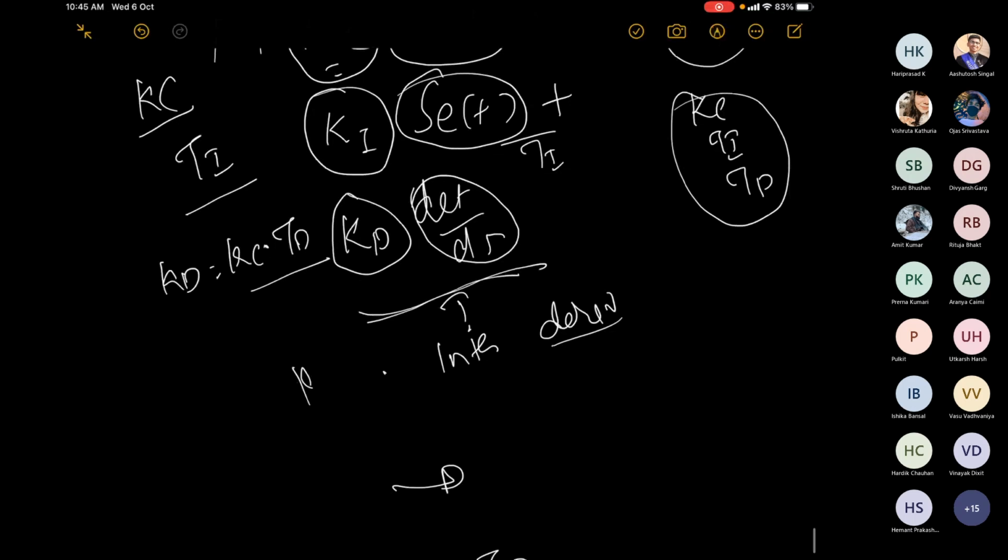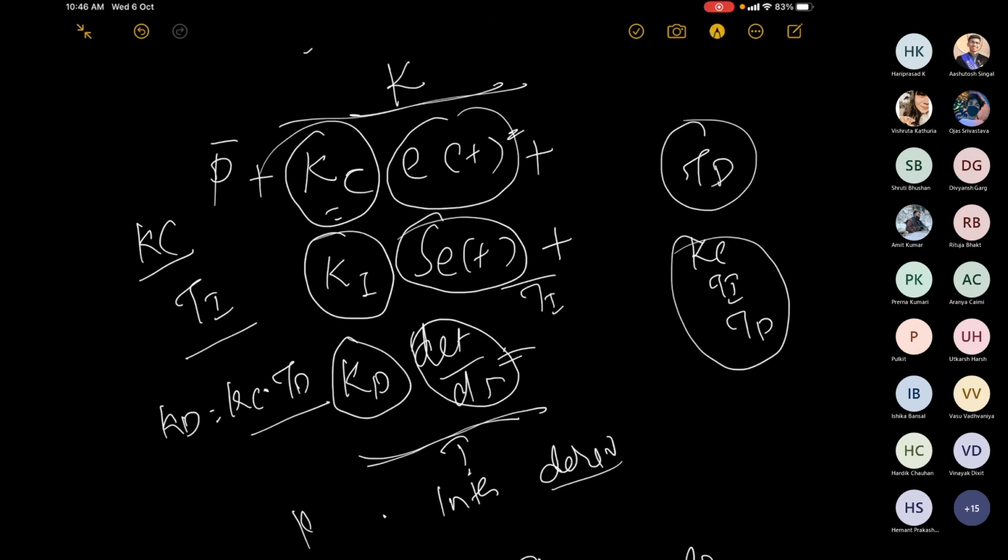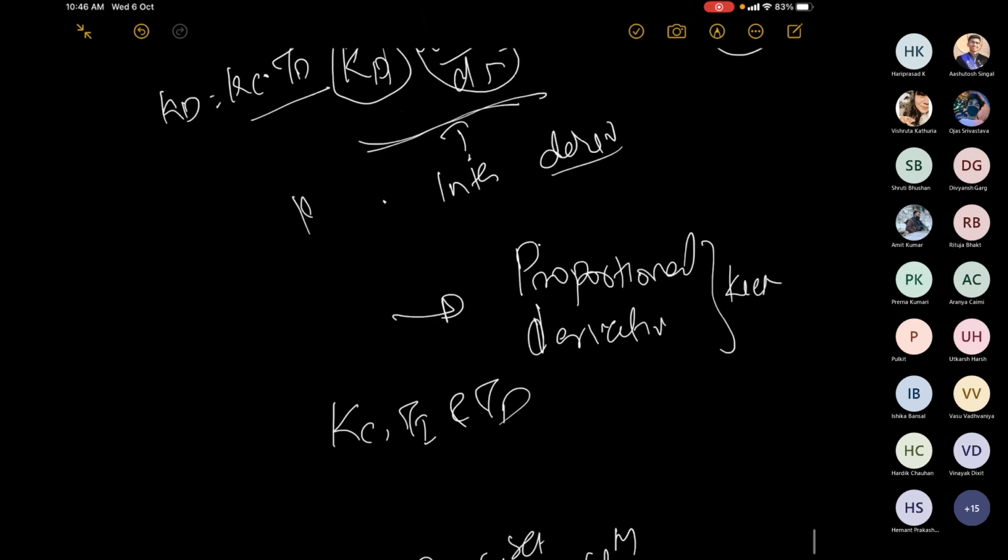It is technically known as proportional kick and derivative kick. Kick in the sense that dE by dt becomes sufficiently large, E becomes sufficiently large.